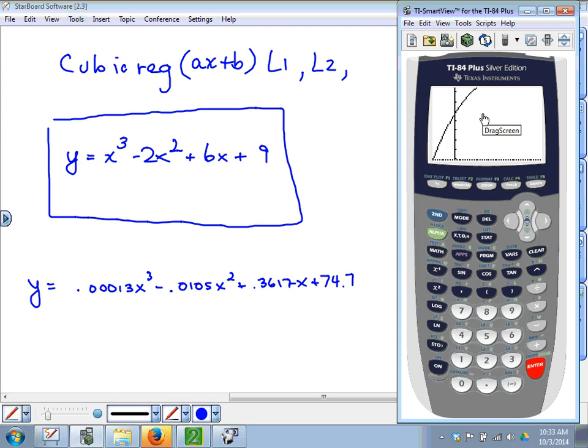What does your screen look like? Didn't change? All right, go back to zoom. Let's try another option. Go down to zoom fit. Let's try zoom fit. Hit enter on zoom fit. Does it look a little more like this one?